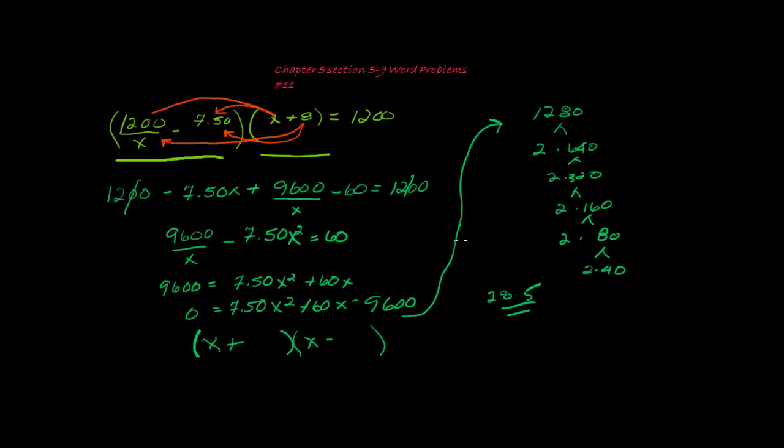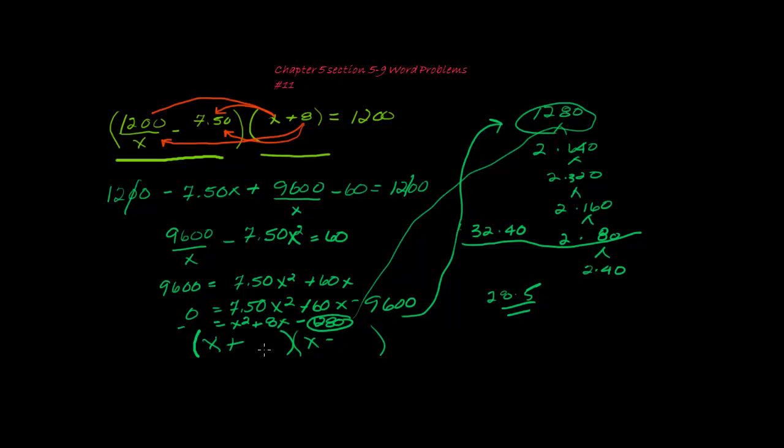If I do the hard work here, I'll find that the two factors are 32 times 40. Oh, by the way, I didn't give you the simplified version here. If I divide everything by 7.5, I'm sorry guys, this is x squared plus 8x minus 1280, and that's how I got this up here.